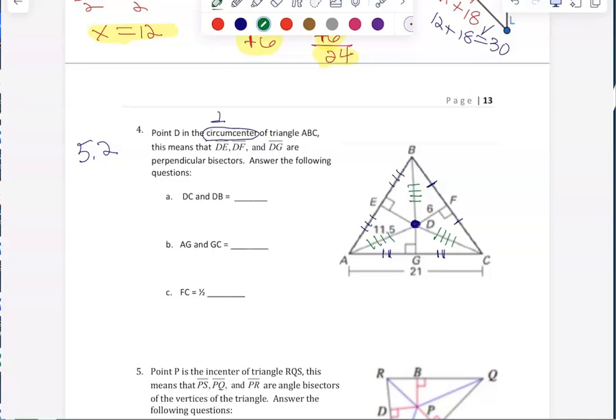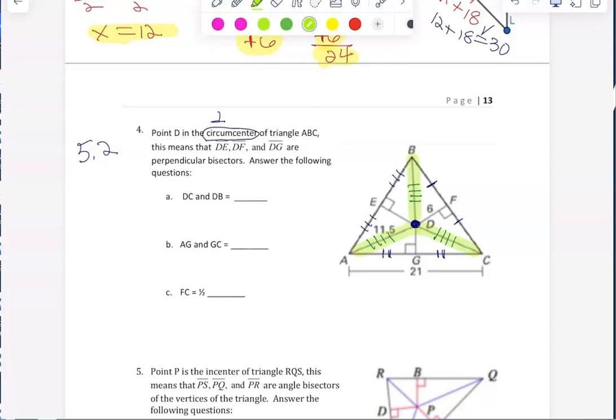Okay, so let's highlight those pieces. These pieces are now congruent, and they were forced to be congruent by the actions of those perpendicular bisectors. When they came together, they're in the center of the triangle. From that center to each of the vertices is going to be the same exact distance.